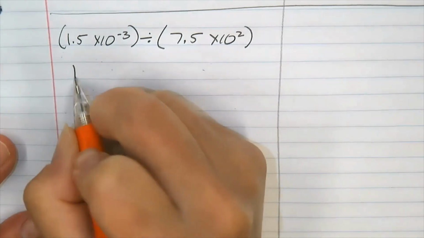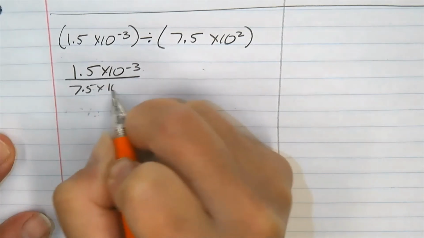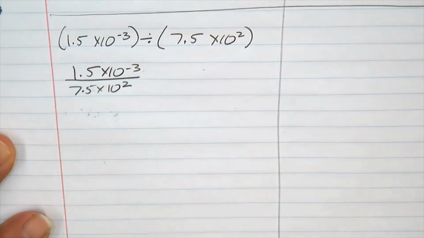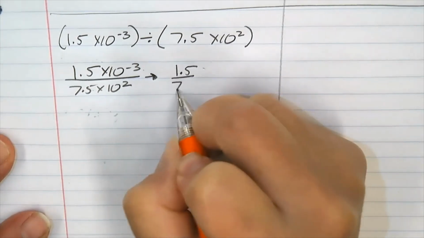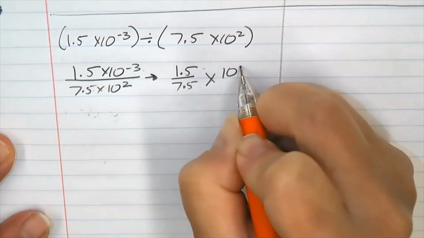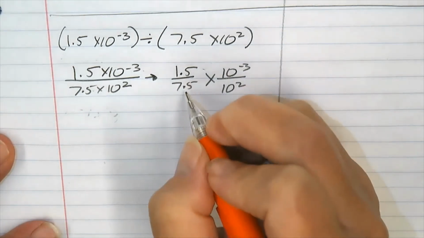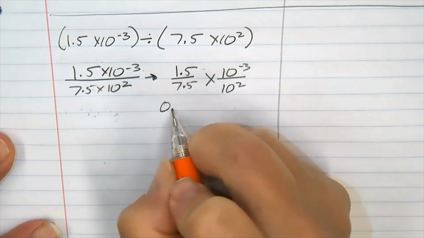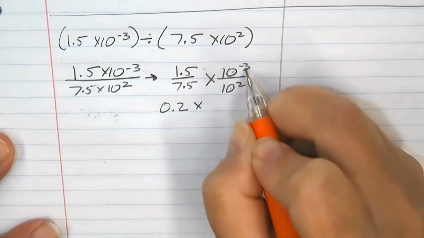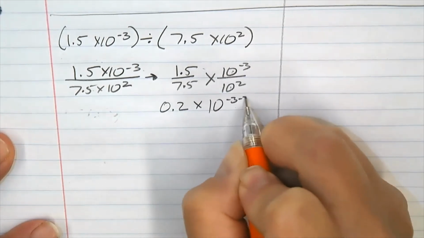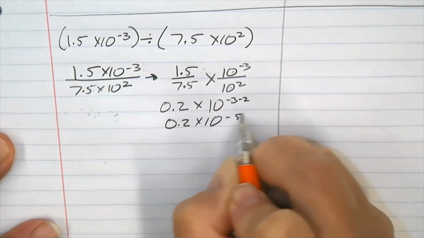So I'm going to rewrite this, and I'm going to rewrite it yet again, just so that it's easier to work with. 1.5 divided by 7.5 times 10 to the negative 3 over 10 to the 2. 1.5 divided by 7.5 is 0.2. It's 2/10. Because my base is the same, and this is a division problem, I'm going to subtract my exponents. 0.2 times 10 to the negative 5.